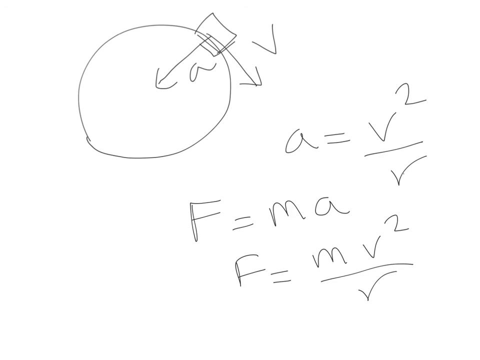Now we can work out the force. Force is equal to mass times acceleration, and we know the acceleration is v squared divided by r. So we can substitute this into the formula to get the force F, which is acting towards the center of the circle: F equals m v squared divided by r.